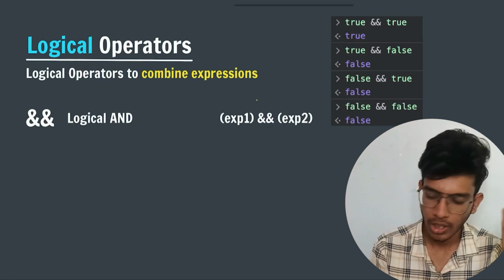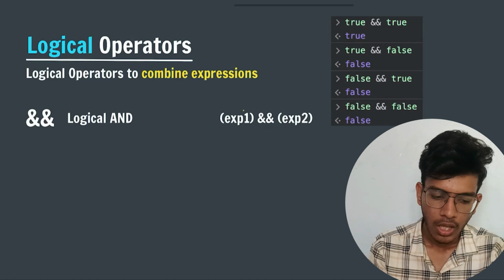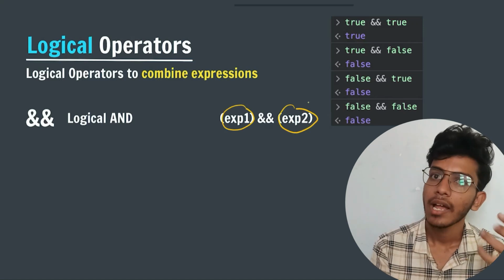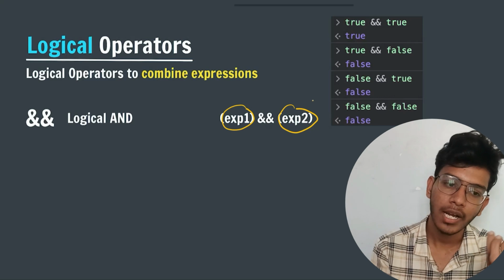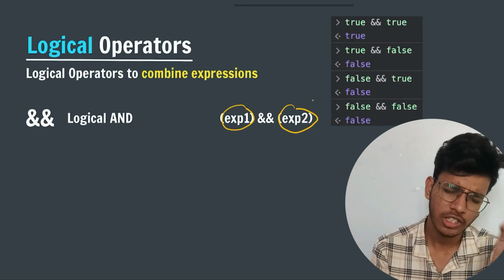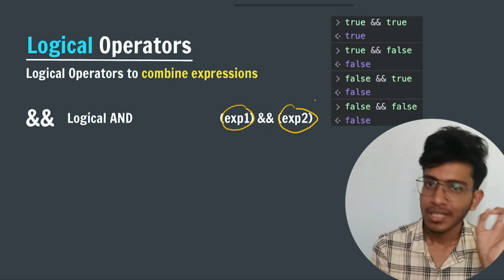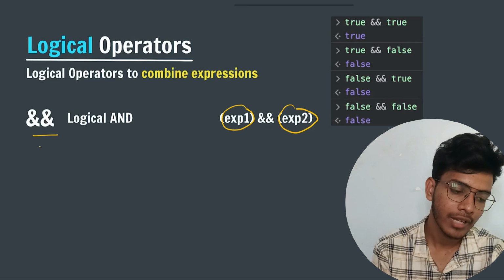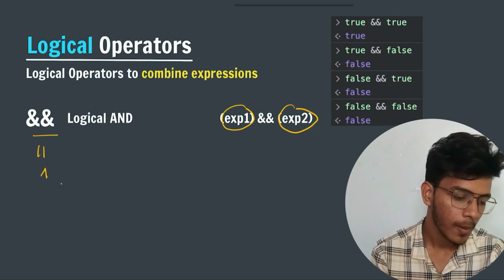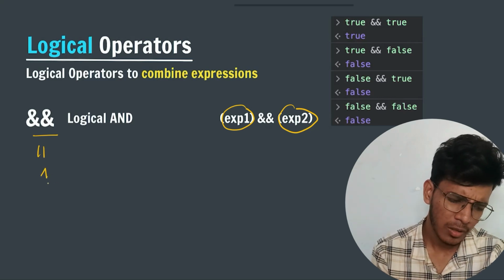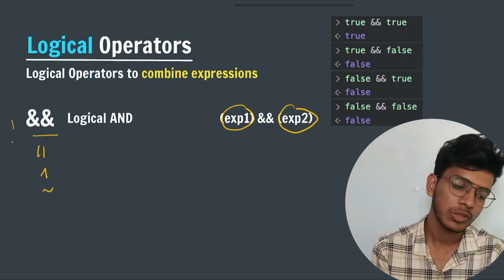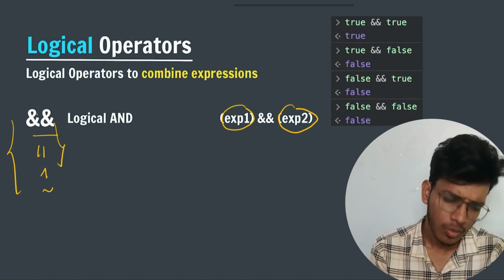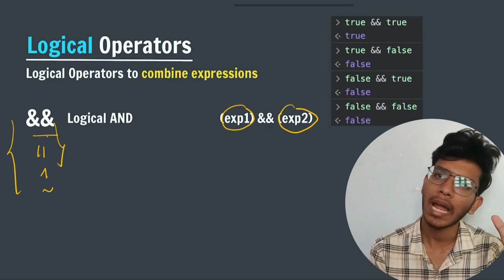Logical operations will have two expressions, and they compare the two expressions based on the logic. In this we have and, or, XOR, and I think we have the not operator. Like this, we have multiple things. I will provide you a documentation, and right now we are going to study only the AND operator.